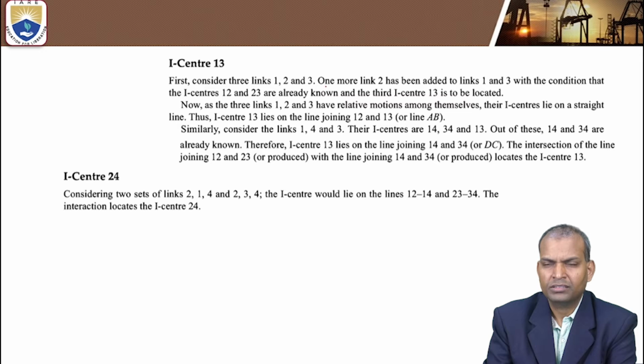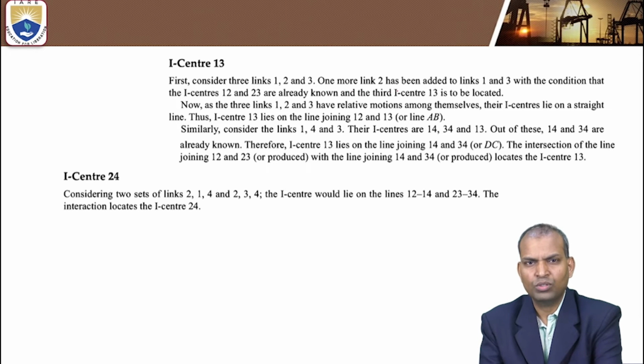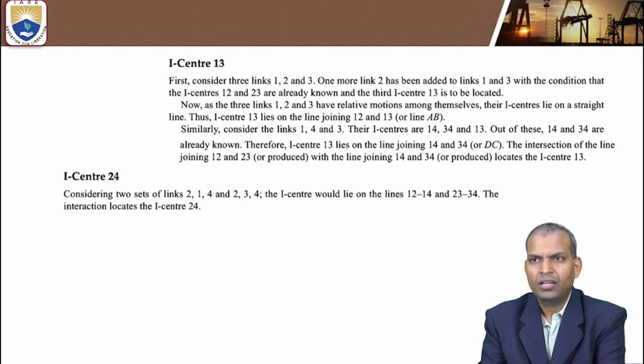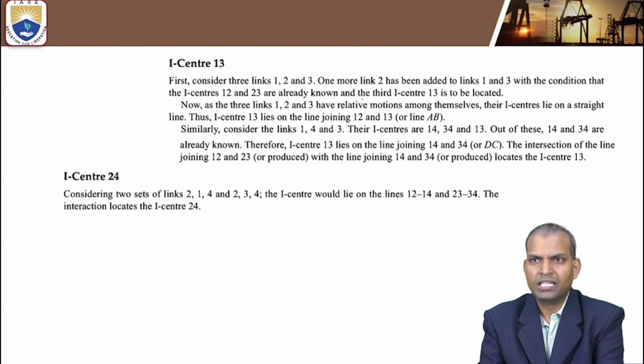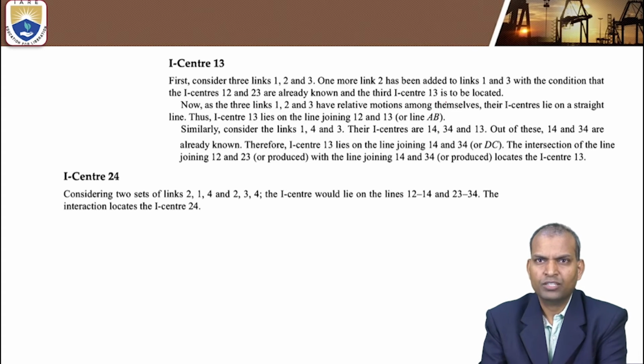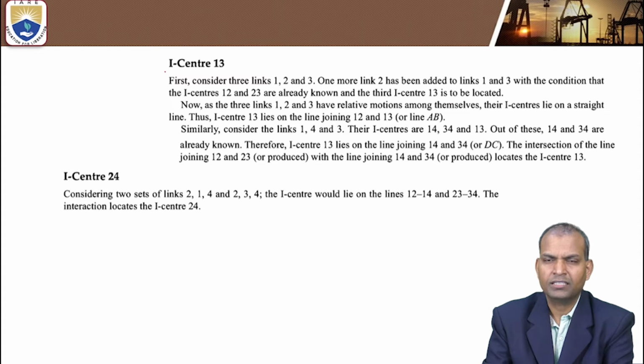One more link, that is 2, has been added to links 1 and 3 with the condition that the instantaneous centers 1, 2 and 2, 3 are already known, and the third instantaneous center 1, 3 is to be located. That's what we are going to locate, the 1, 3 instantaneous center.